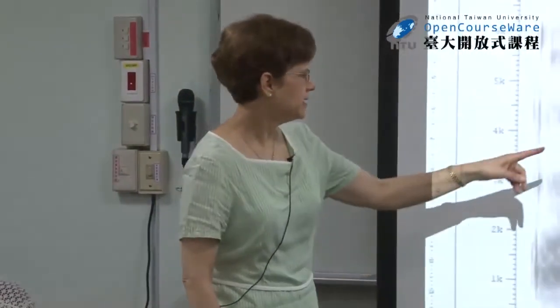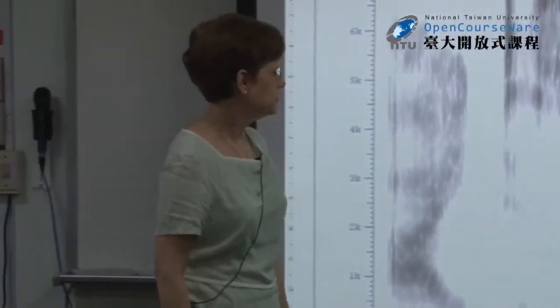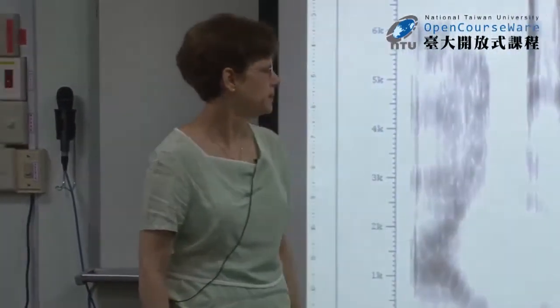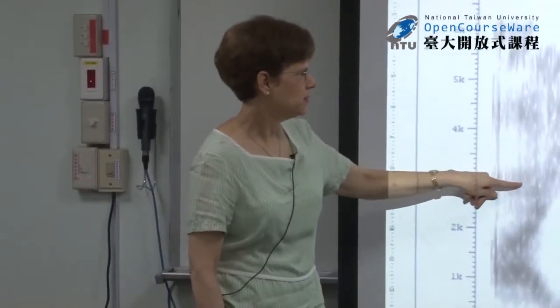Now look at our second diphthong there. What do we see at the end of the diphthong? We've got pretty much the same pattern of F1 and F2, but what's happening at the end here when we hit that stop? This is F3 here.